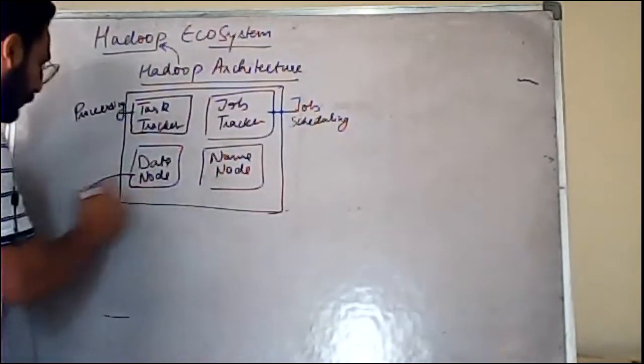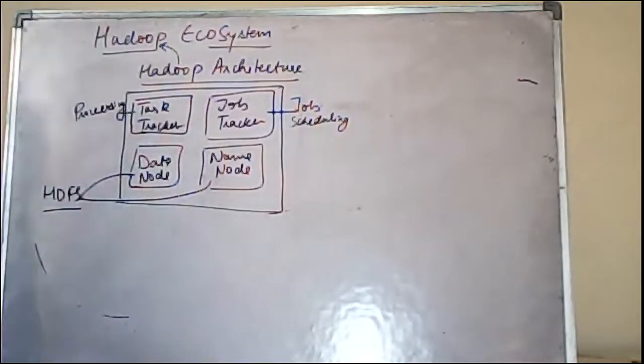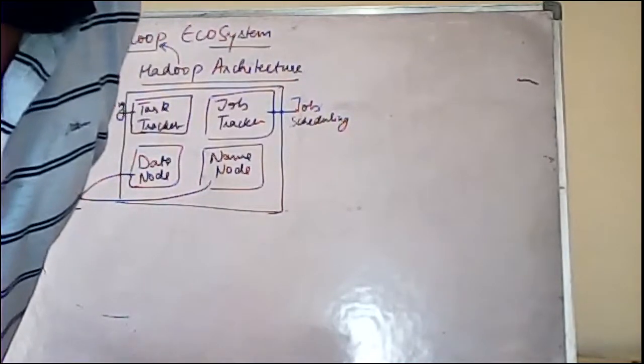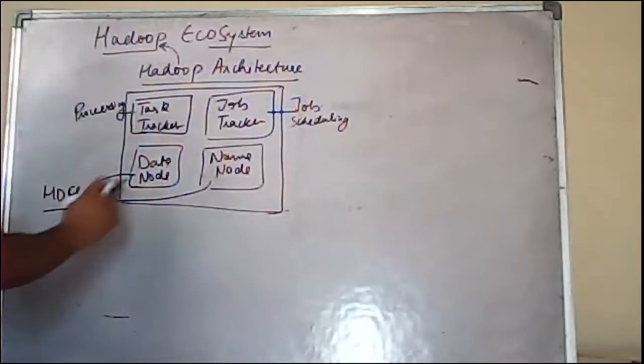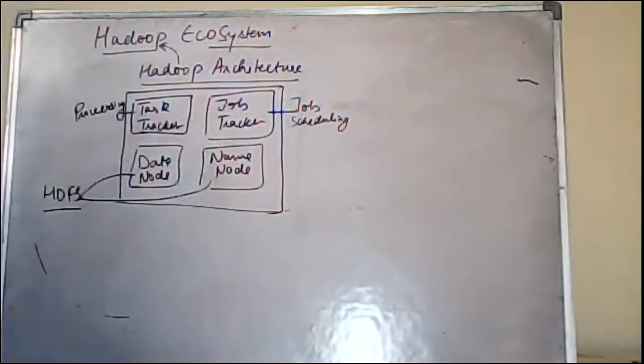These data nodes and name nodes are used in your HDFS, that is your Hadoop file system, to store your data.